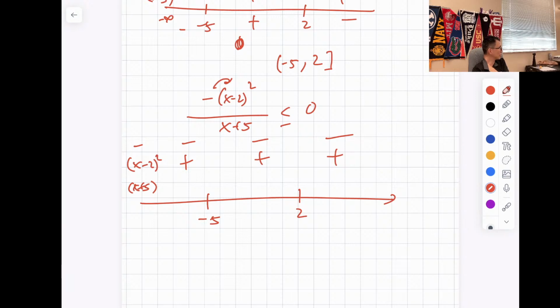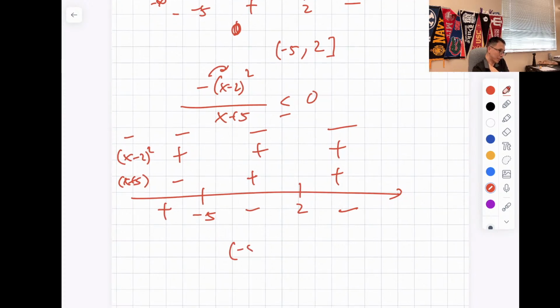Do you see what I'm saying? And then -6 plus 5 is going to give you a negative. This is a positive, this is a positive. So this ends up negative, negative, positive. Now the answer is less than 0, so we cannot include -5. But we can include 2, because if I plug in 2, it's going to give me 0.